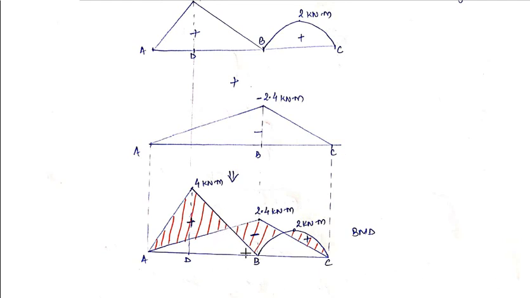So this portion and this portion are overlapping, so these areas will nullify each other. Therefore, the remaining portions will be the resultant bending moment diagram.